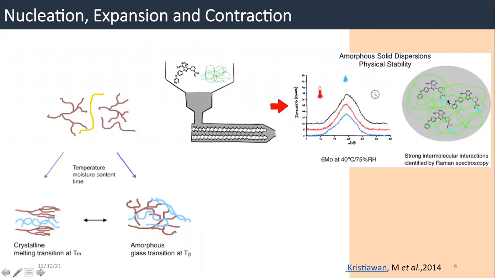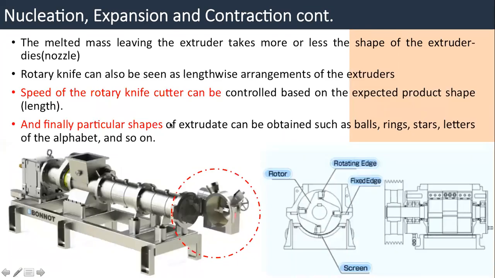With the high temperature, strong intermolecular interactions will be formed. And as a result, a totally different texture, a totally different product can be obtained at the end of this process, right? It is very important to understand. I hope it's very clear to you.